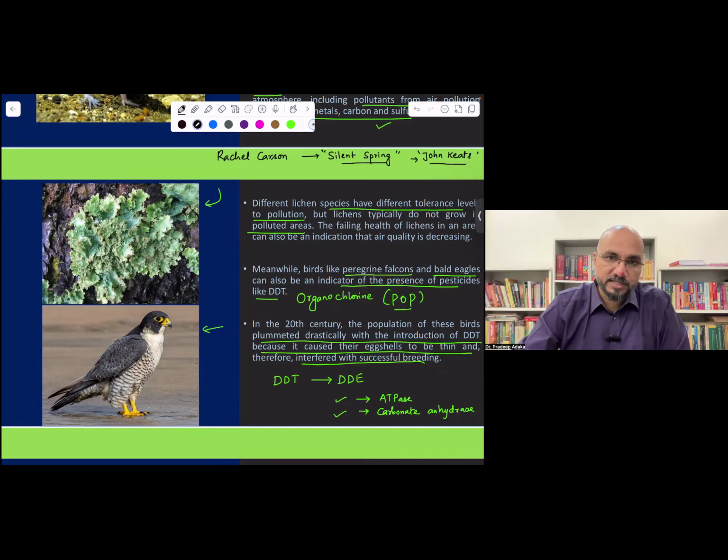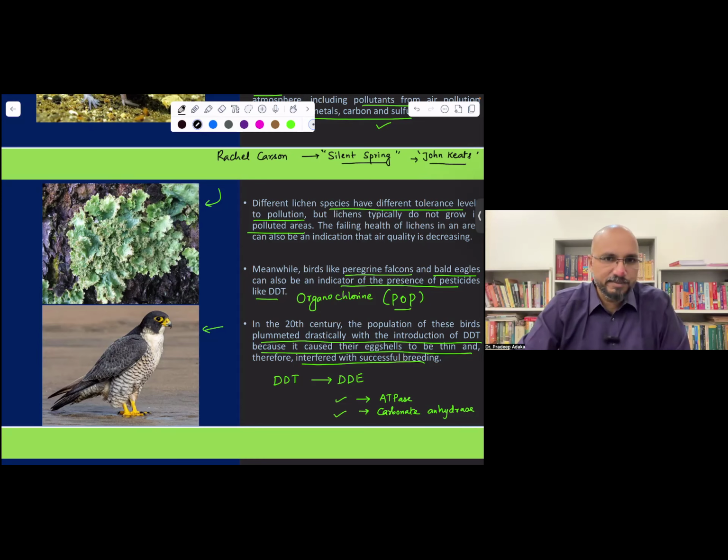You will not be able to hear the voice of the birds because of the negative impact of pesticides. So she got the inspiration from the poem written by John Keats, where he is talking about the bleak future where no birds will sing.